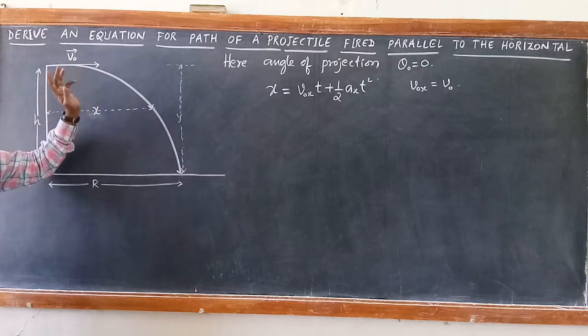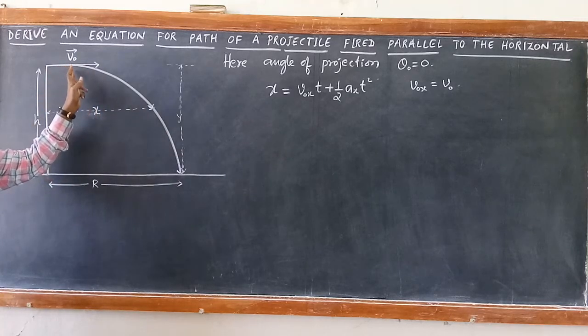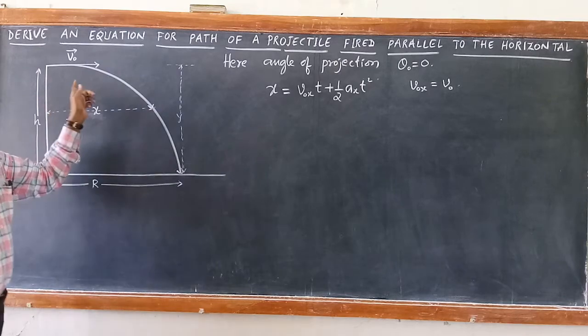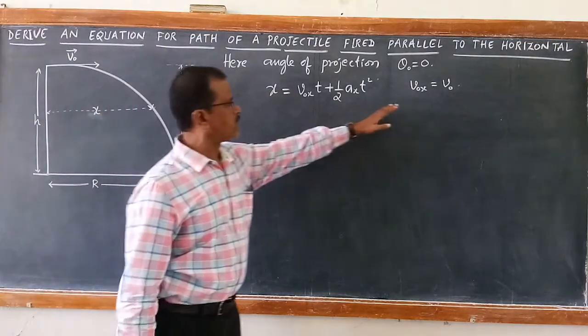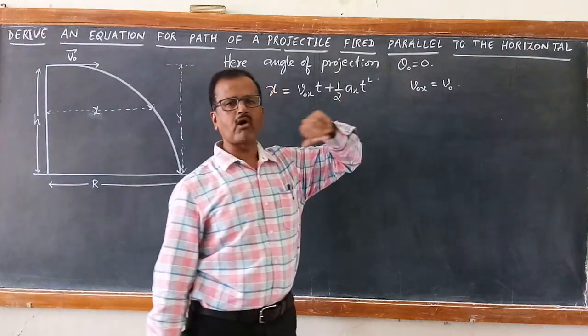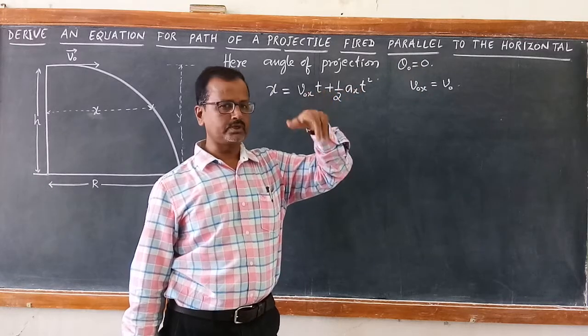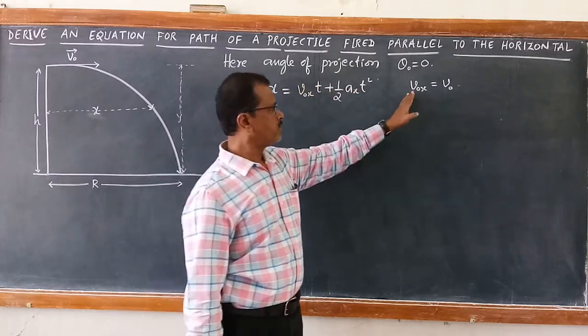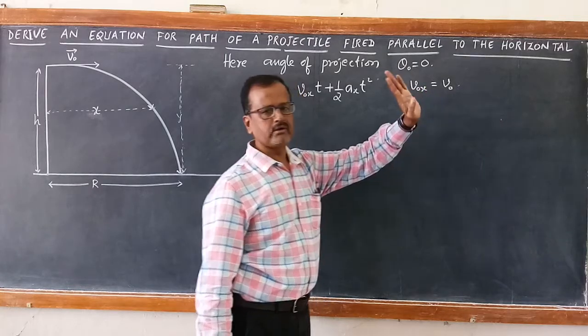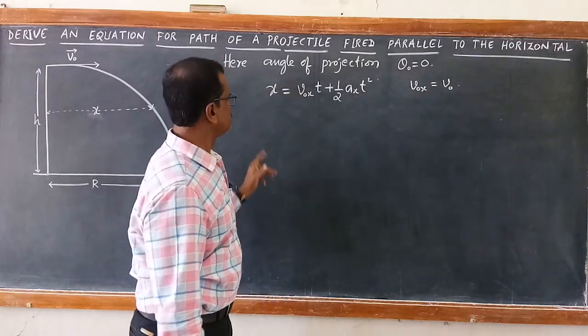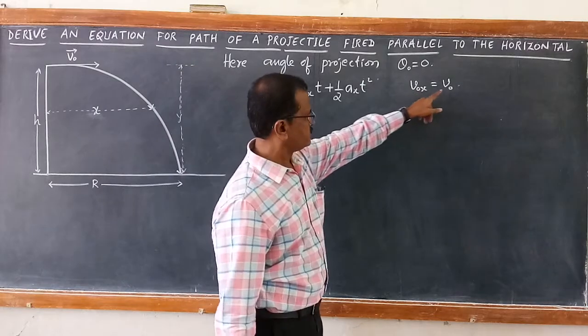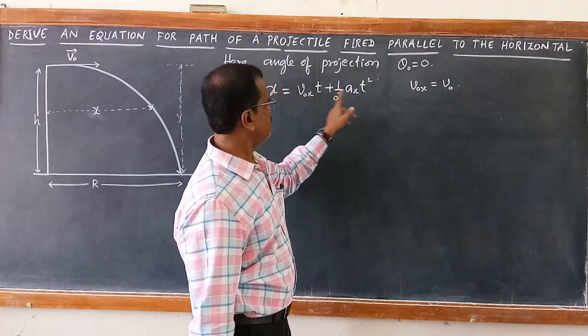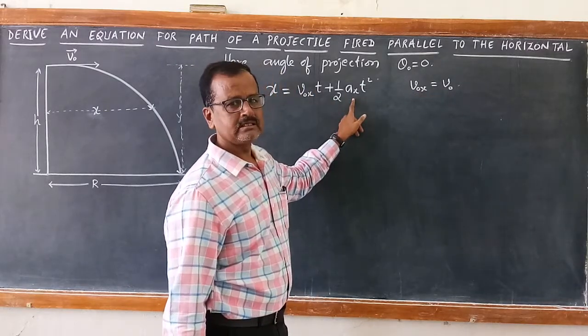So angle of projection is 0. Initial velocity is V naught. So if you take V naught x as V naught cos theta naught, theta naught is 0. So cos theta naught becomes 1. So V naught x becomes equal to V naught. That's it. So we have to substitute V naught here. Then we have to substitute ax.